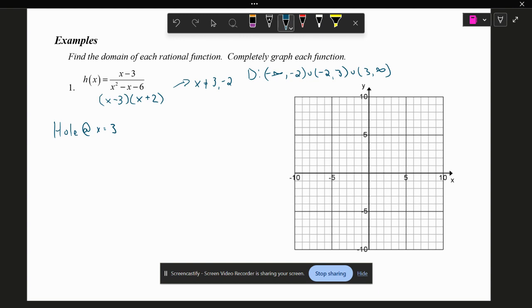And I'll get to in a minute how to find that, because these will cancel. I will have a vertical asymptote where x is equal to negative 2. I will have a horizontal asymptote.